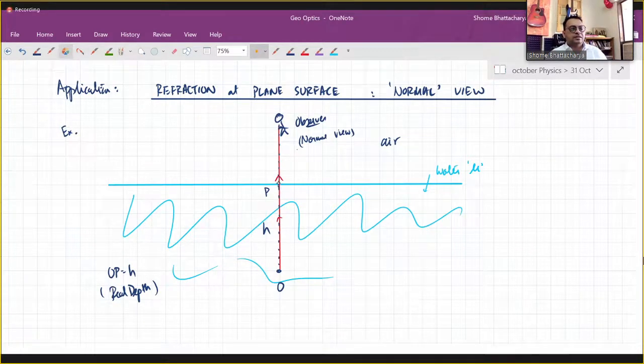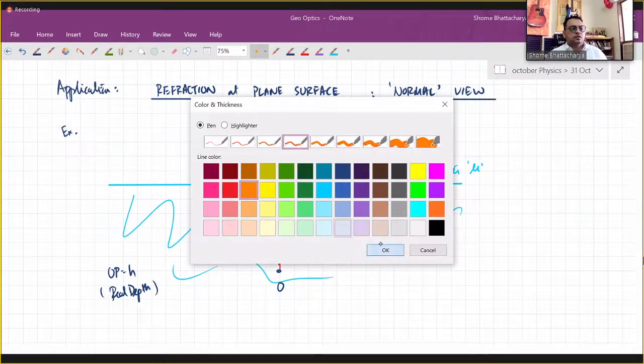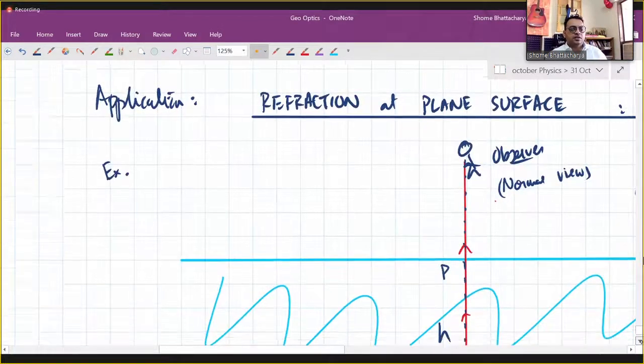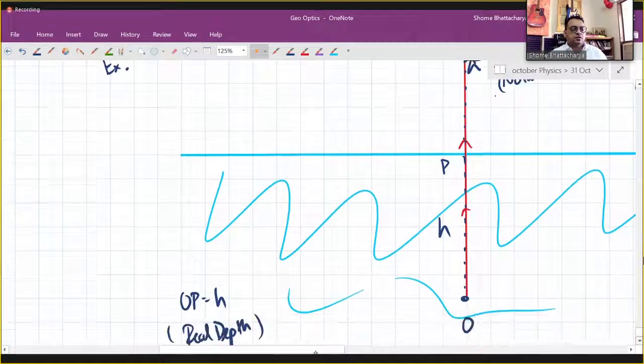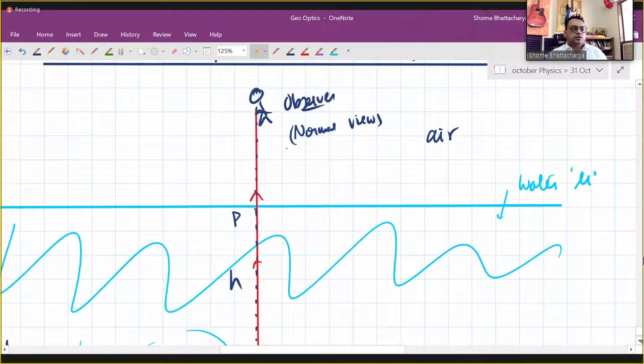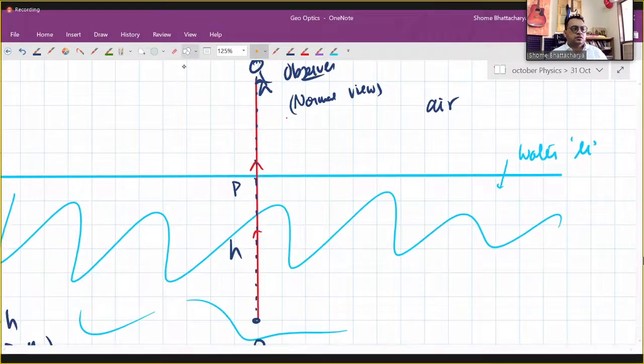While it's a little challenging to draw in the diagram, you can understand it conceptually. Again, it's that case of nearly paraxial ray. So let's consider a ray like this. Now what will happen is that this will bend slightly away from the normal.